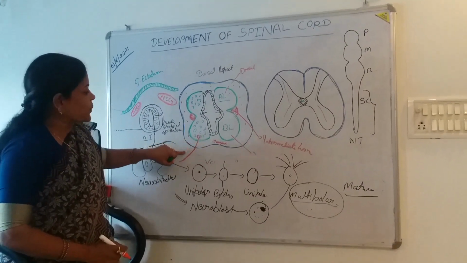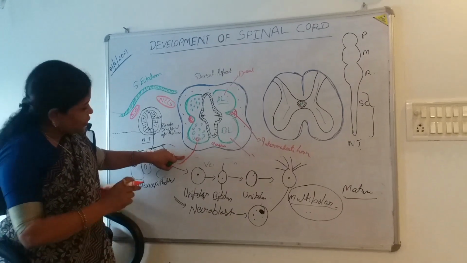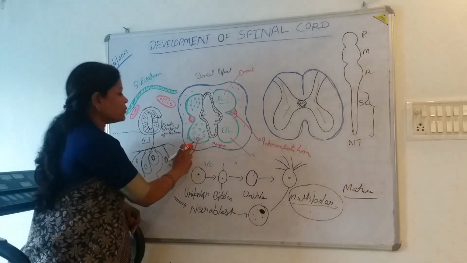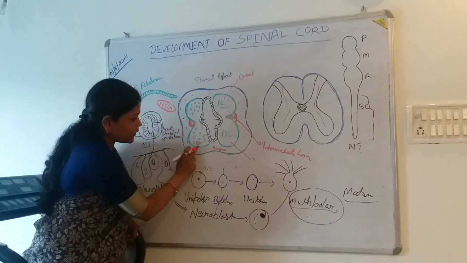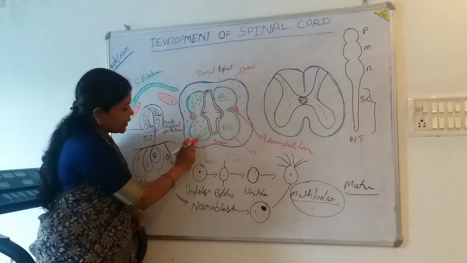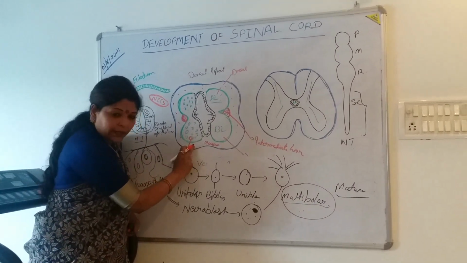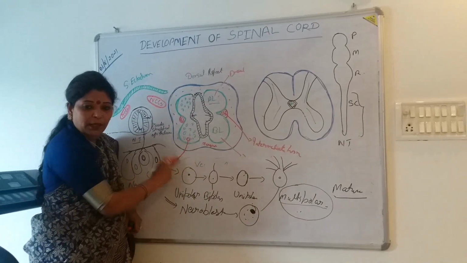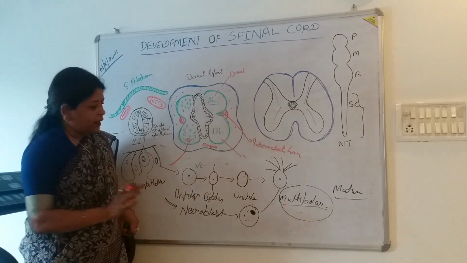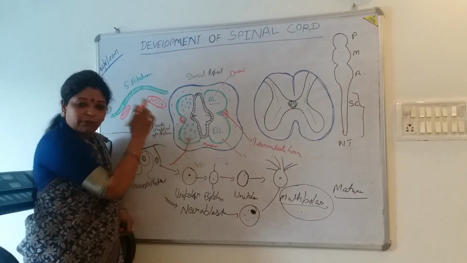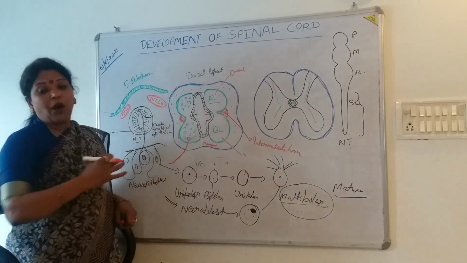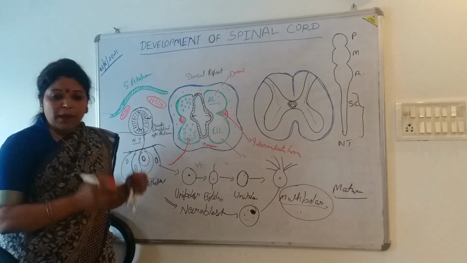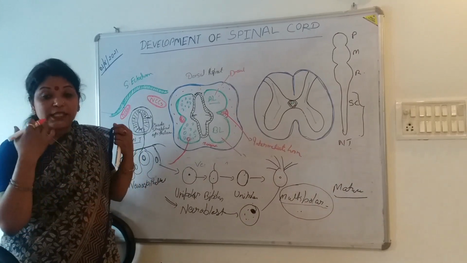That's why it is included in the peripheral part. So there are two aspects of the axon which are coming out, and due to the further myelination of these axons, whether inside the spinal cord or outside the spinal cord, they have to be myelinated, isn't it? So how does this axon myelinate?